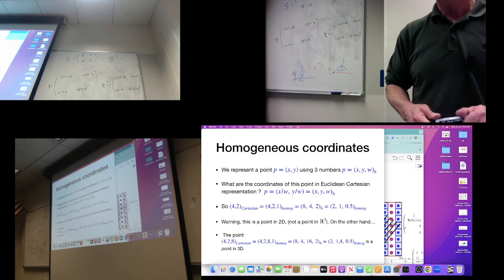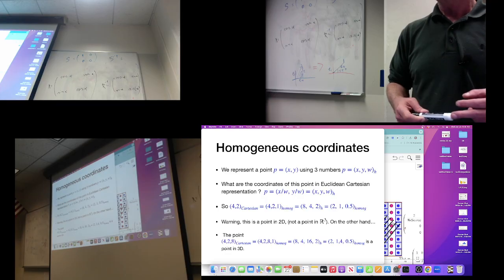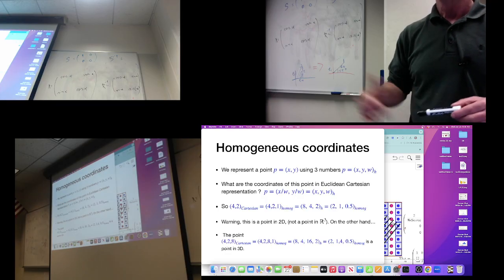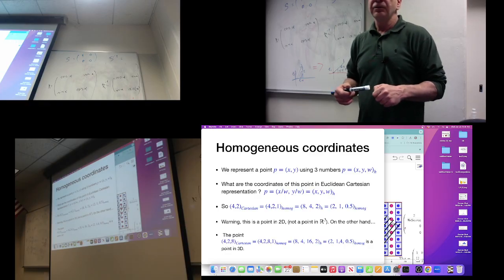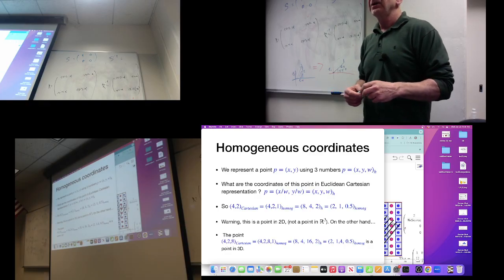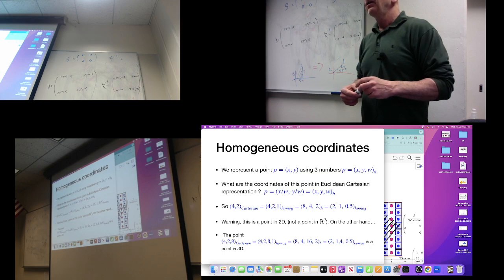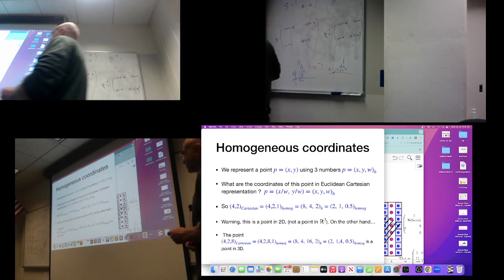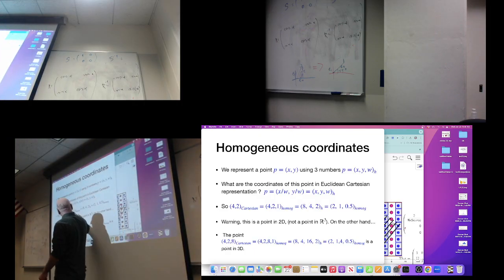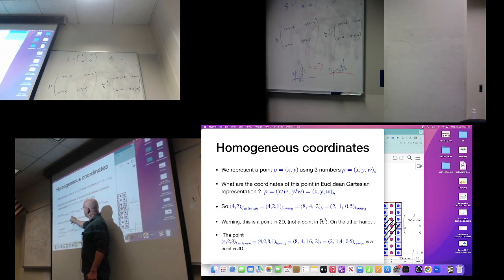Let's talk about homogeneous coordinates. I need to do translations. All these scenarios that I had before all ask to do translation via matrix multiplication. And to do it, I now need to redefine the location of the point, or how I read the triple of numbers 4, 2, 1. I have 3 numbers 4, 2, 1, but what does it mean?